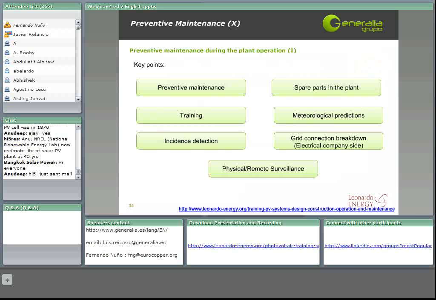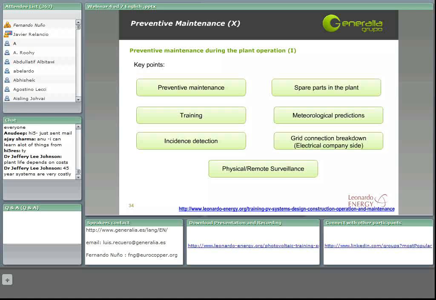The key points are designing a good preventive maintenance program, doing a complete training for our plant staff, having a good incident detection system, so a good monitoring system and a good surveillance system, correctly managing our spare parts and stock in the plant, having a good meteorological station to get reliable weather predictions, and installing a secure physical and remote surveillance system.